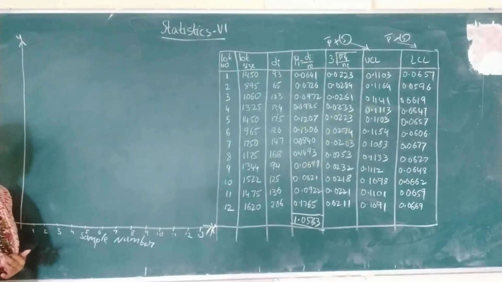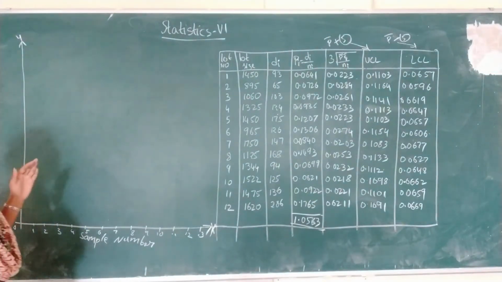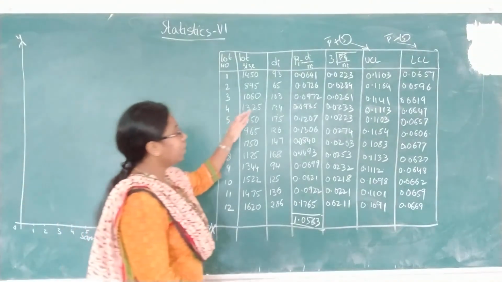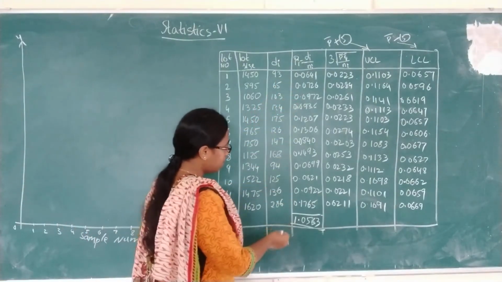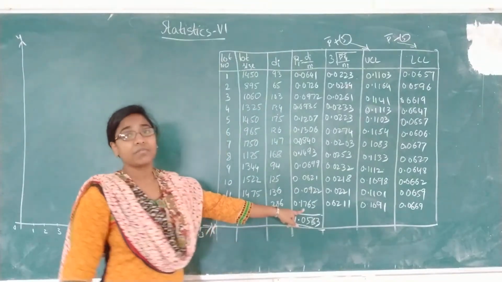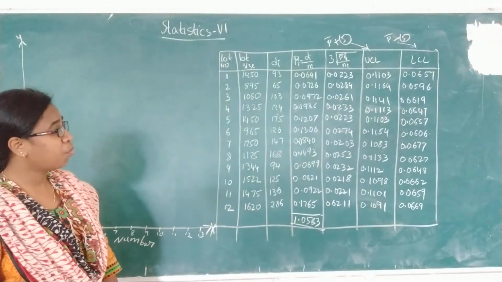On your x-axis, I took 1 centimeter equals 1 unit. On the y-axis, you observe the values. For all the pi values, the largest value is 0.17, and the UCL values are all about 0.10.